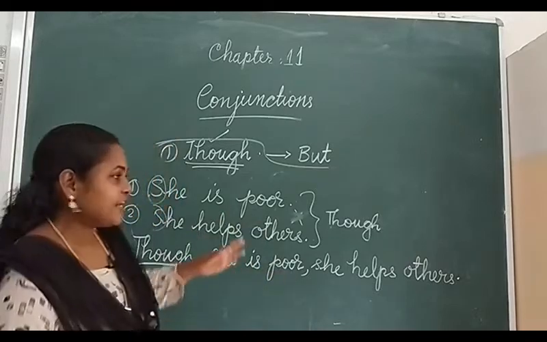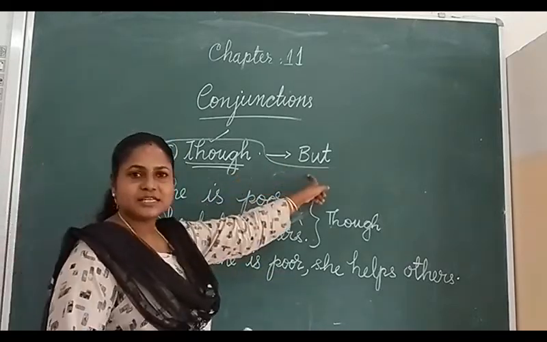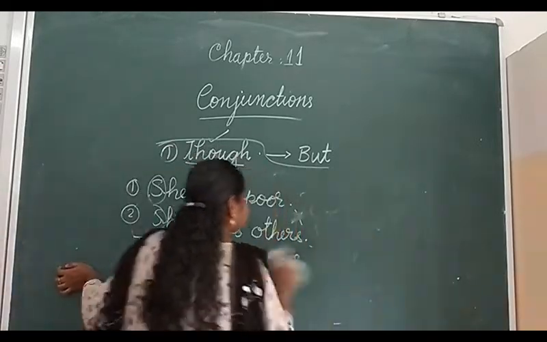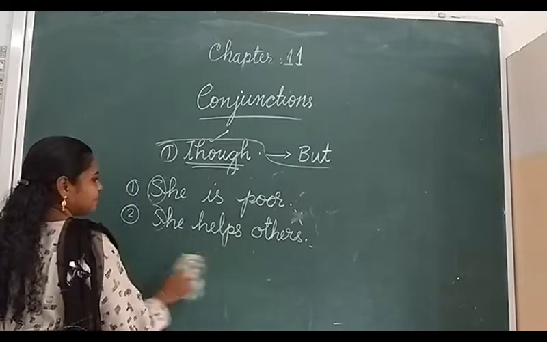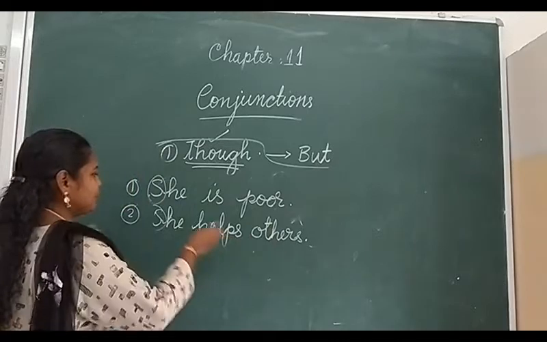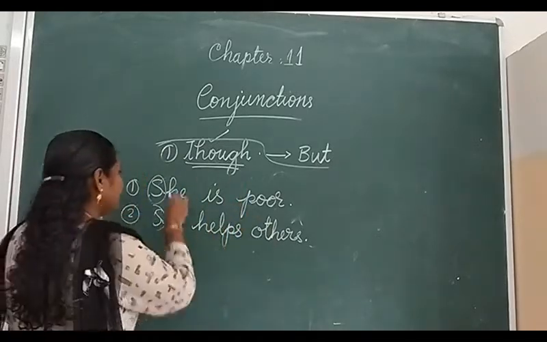And now we can join these same sentences using this conjunction but. Okay, can you do this? Yes, we can do. We studied already how to use this conjunction but.